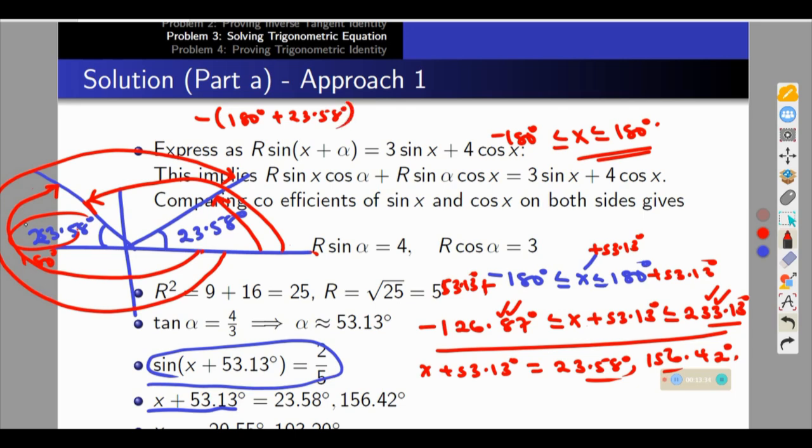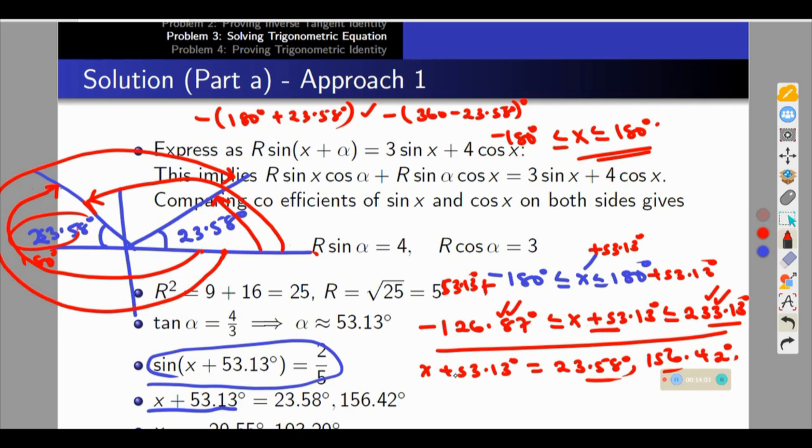This angle will be exceeding the range. Likewise, the negative angle from here up to this given point, which is the same as negative of 360 minus 23.58 degrees, will also be exceeding the range for x plus 53.13 degrees. So these angles will be ignored.